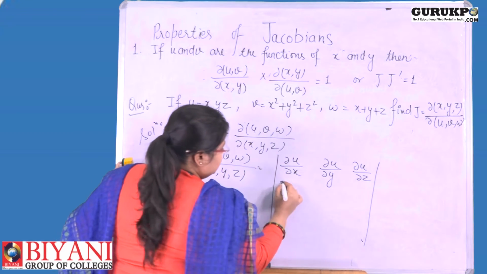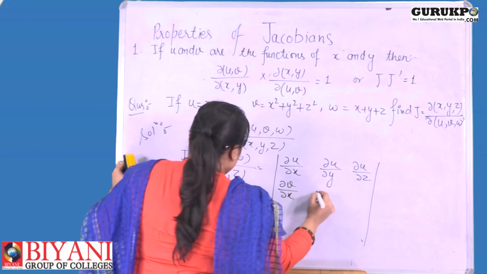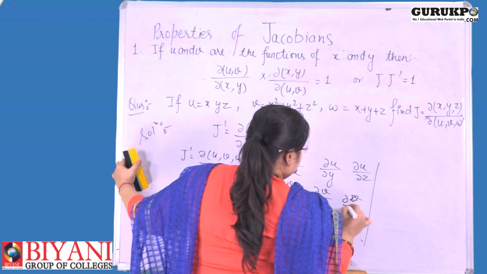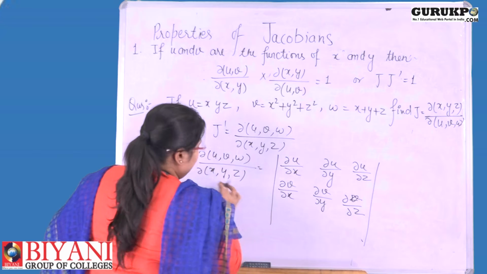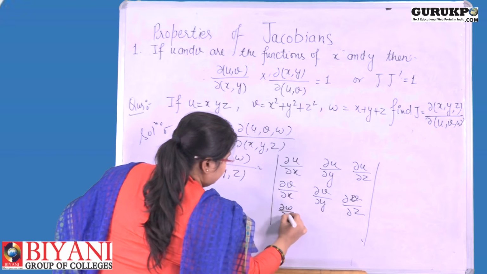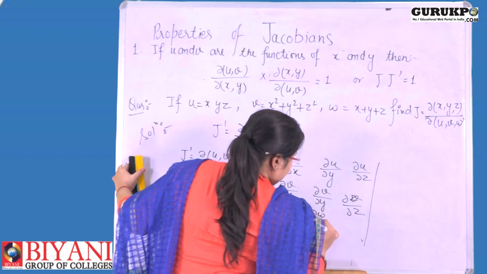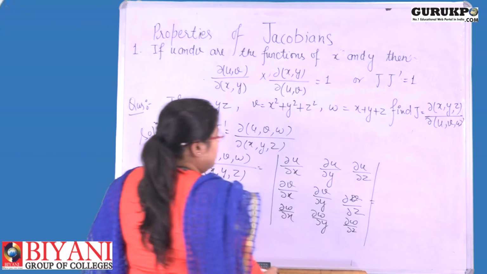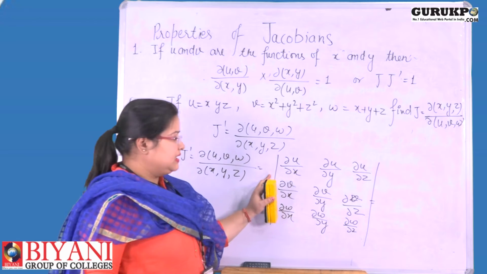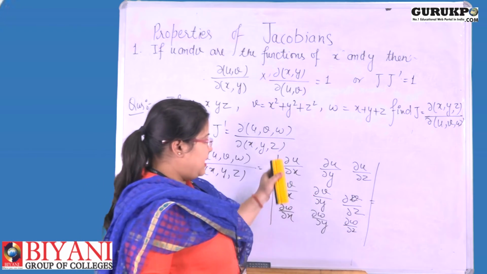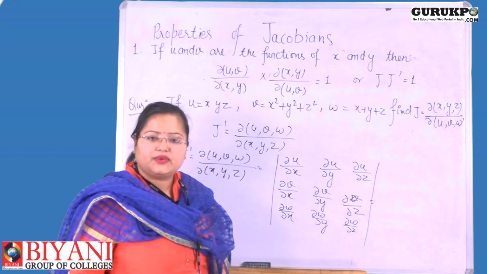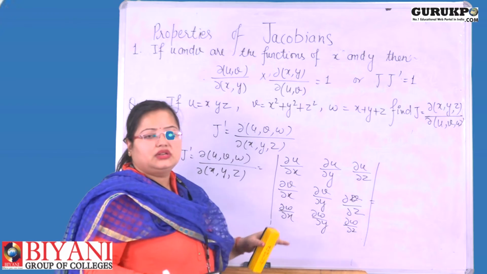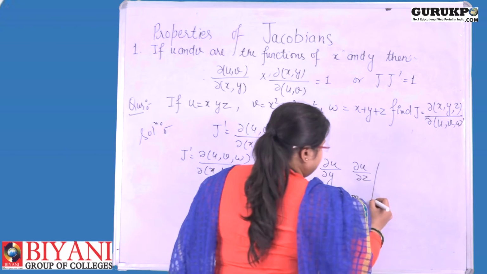Now for v, del v upon del x, del v upon del y, del v upon del z. Similarly for w, del w upon del x, del w upon del y, del w upon del z. Now we will find these values with partial differentiation of u, v and w with respect to x, y, z.